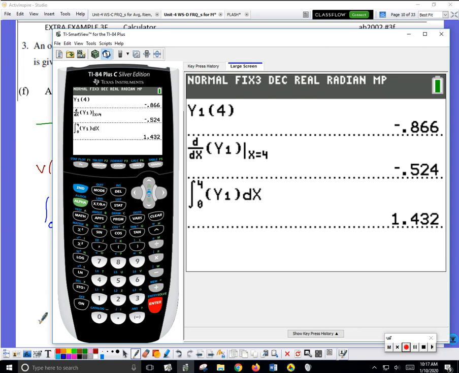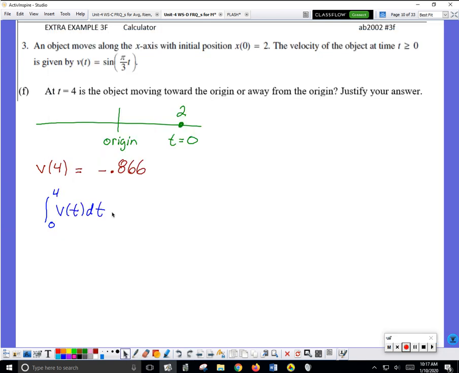So that's telling you that here, 1.432. So during those 4 seconds, however the particle moved, I don't really care, but I know the particle has displaced by that amount. That's how different the new position is from the previous.